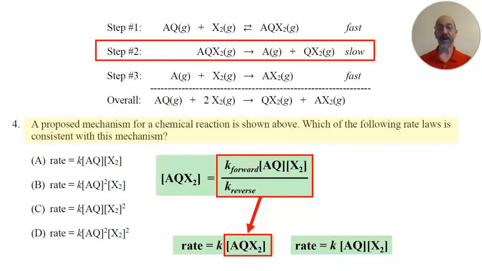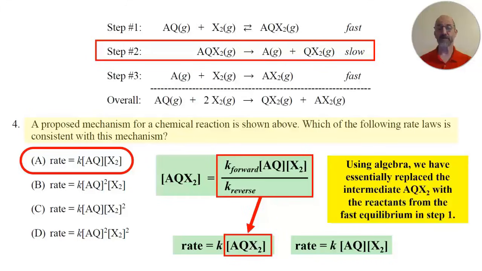Now look at the 4 answer choices in question 4, and hopefully you can see that choice A is the correct answer. To summarize what I did in this substitution procedure, using algebra, we have essentially replaced the intermediate AQX2 with the reactants from the fast equilibrium in step 1.